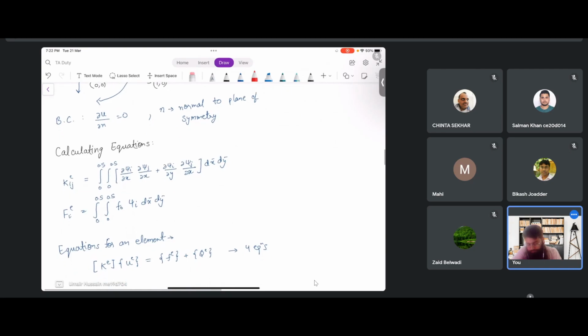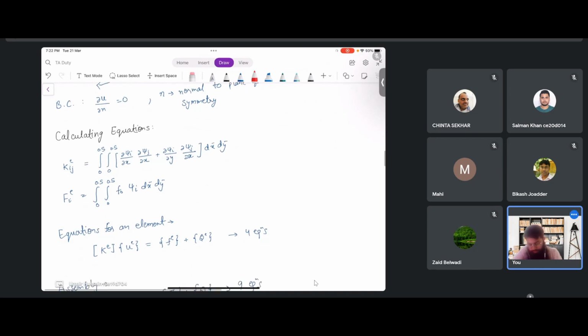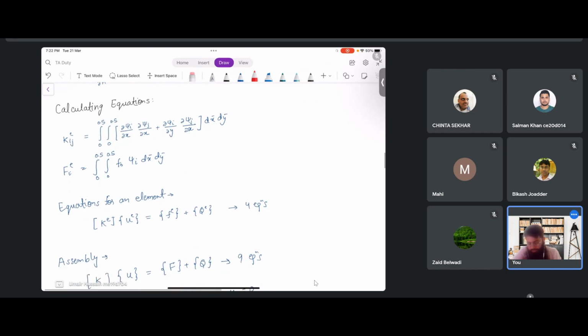We have already derived the function for the stiffness matrix and the force vector, that was done before. So I'm not going to go into much detail about this. We'll just substitute the values of all the approximation functions here and get the required value.